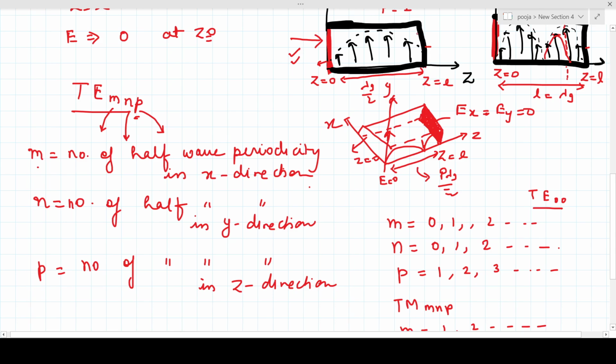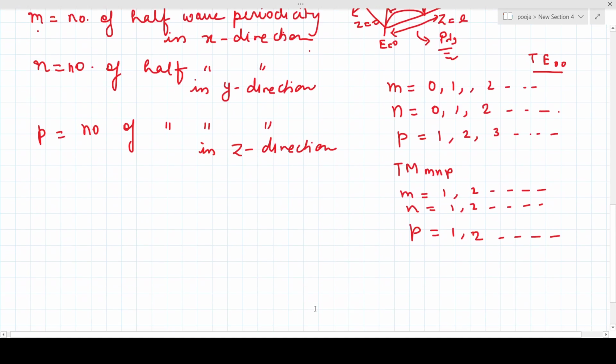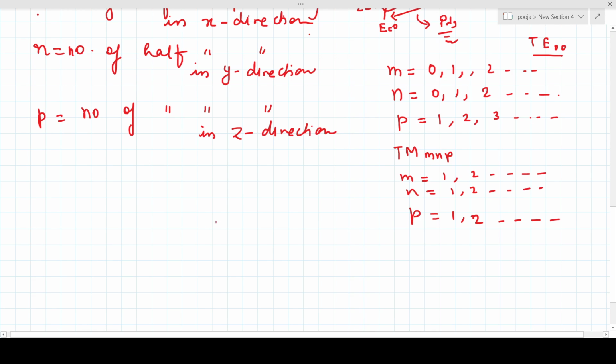So we have a wave in this direction and a wave in the opposite direction. They will interfere with each other and produce a standing wave within this structure. So we can say that it is a z-directed TE or TM mode, right? Because we have already considered that it is a rectangular waveguide.